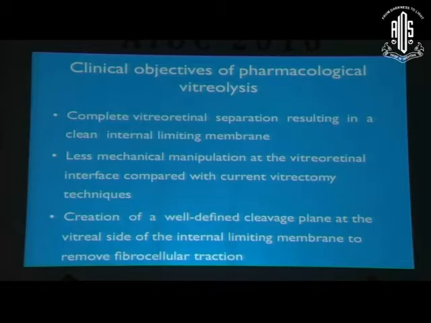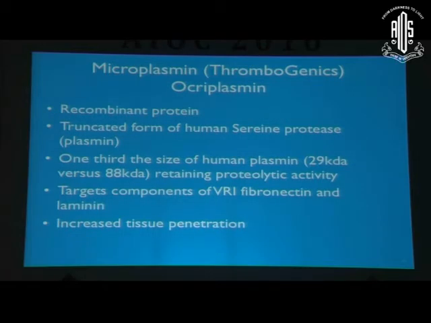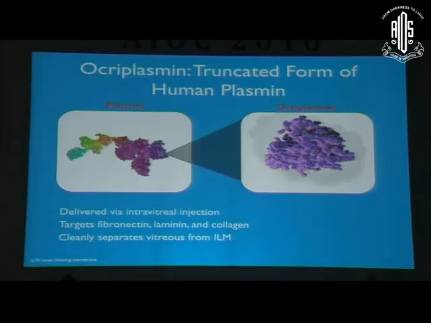That is also very important, because otherwise you can create other horseshoe tears or retinal tears. And this ocriplasmin was generated by Thrombogenics, which is a Belgian company. It is a recombinant serine protease of a very small size and has a very good tissue penetration.